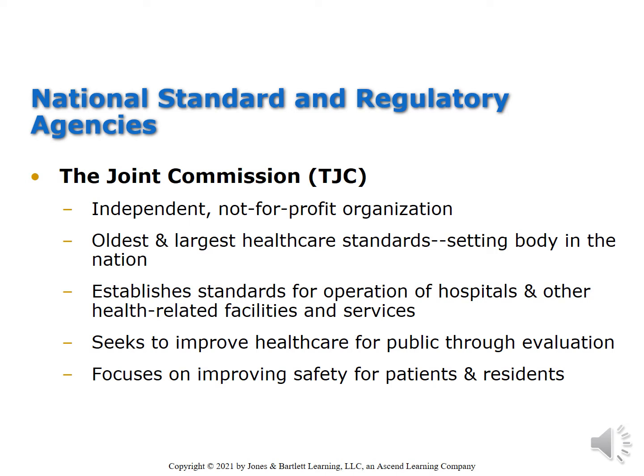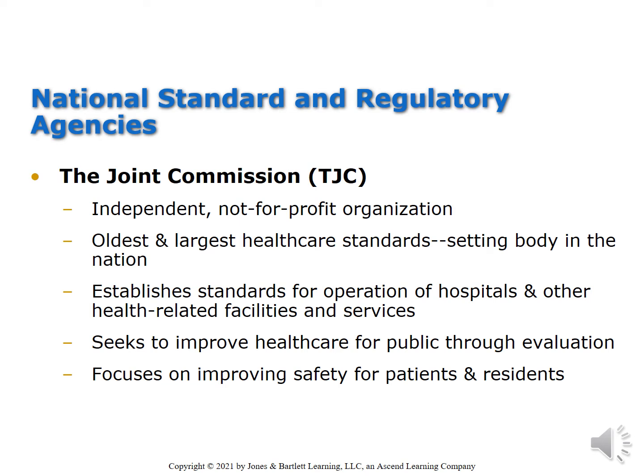It used to be called JCAHO, Joint Commission on Accreditation of Healthcare Organizations, but it's branched out to accredit other agencies as well, and establishes standards for operations of hospitals and other health-related facilities and services such as urgent cares, accountable care organizations, clinical laboratories.